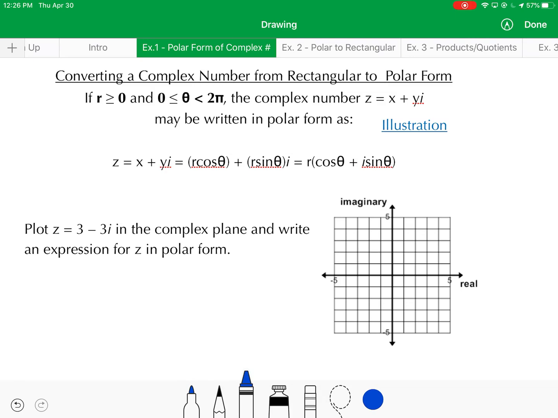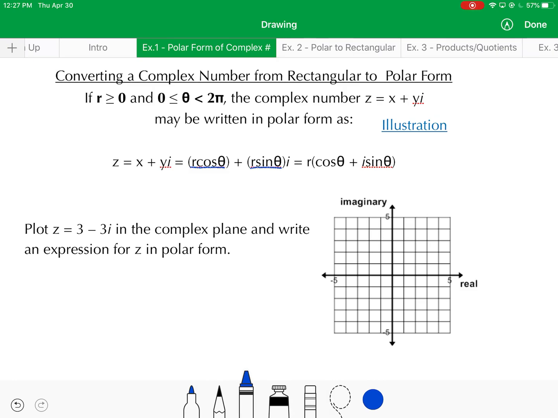Now, it's pretty simple to do. We can just use the same conversions that we have been using to go from rectangular to polar form. X, we know, is equivalent to r cosine of theta, right? And then y is equivalent to r sine of theta. So right there gives you a polar form for the rectangular complex number.